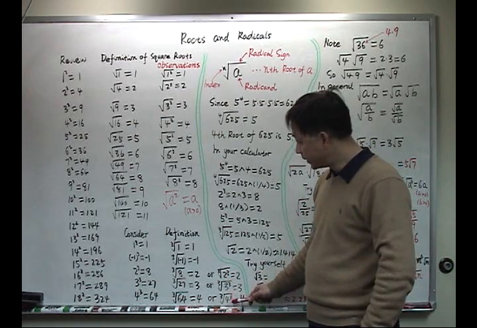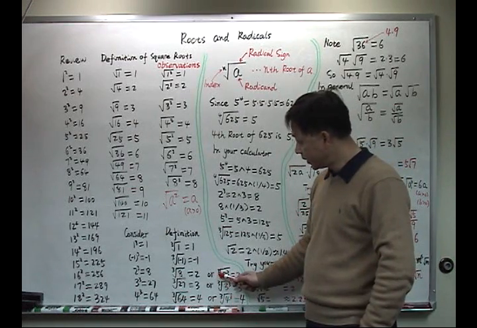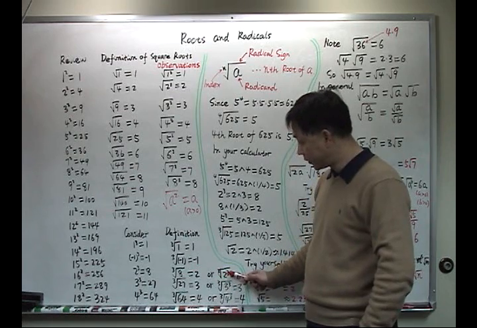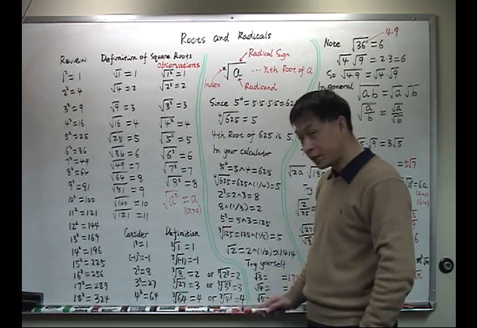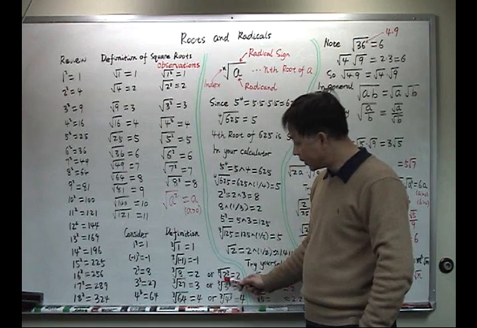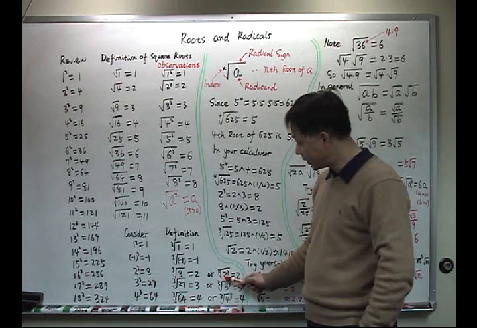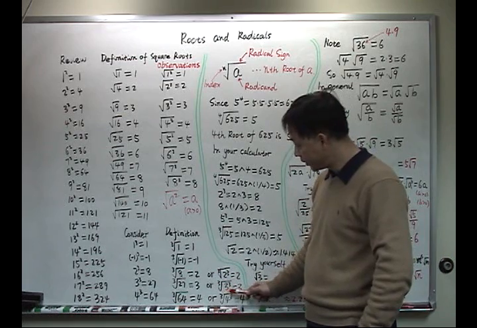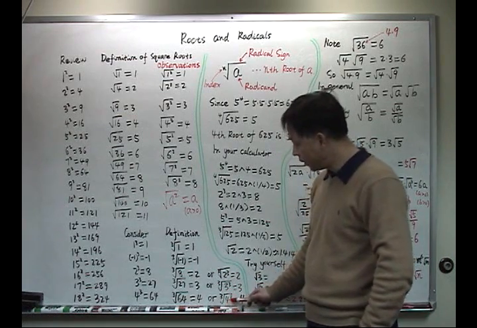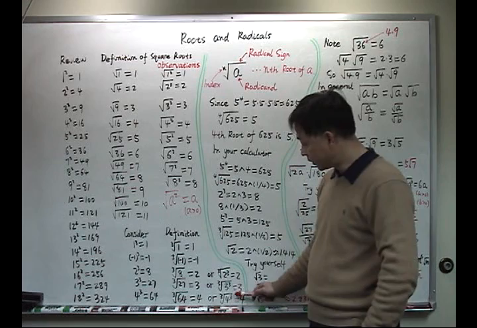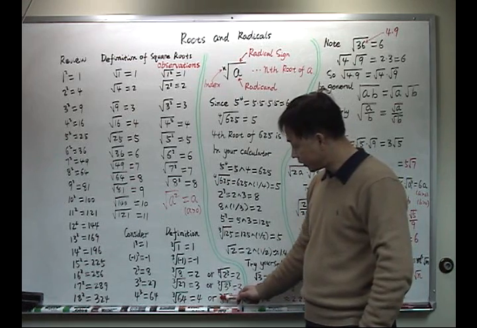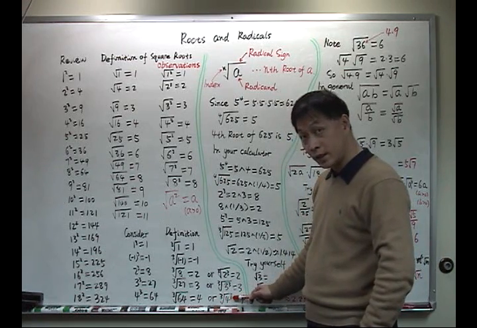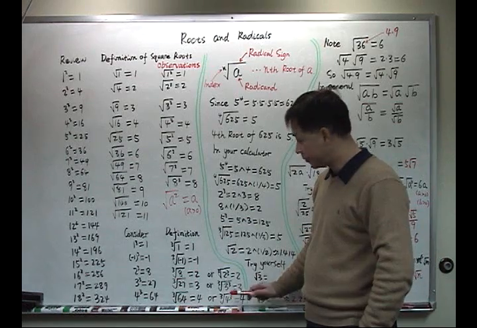This property tells us that if the 3 here, the index, equals the 3 here, the exponent, the radicand inside this base can be simply poured out. You see 3 poured out and 4 poured out, as long as the index equals the exponent.